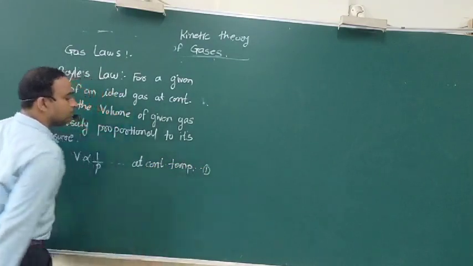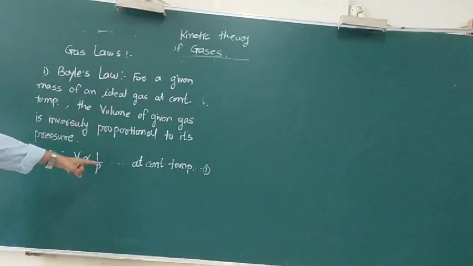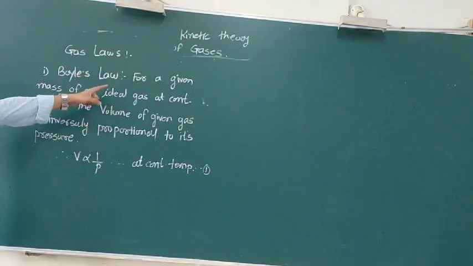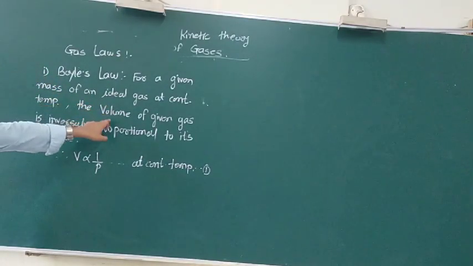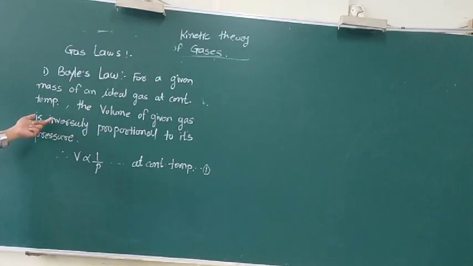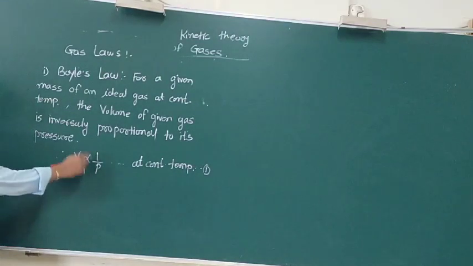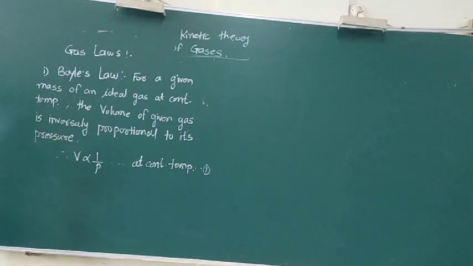Calling it equation number 1. For a given mass of an ideal gas at a constant temperature, the volume of a given gas is inversely proportional to its pressure. That means V is inversely proportional to P.